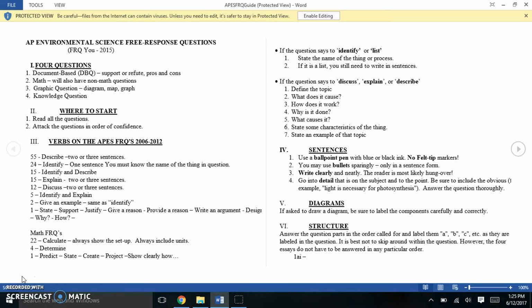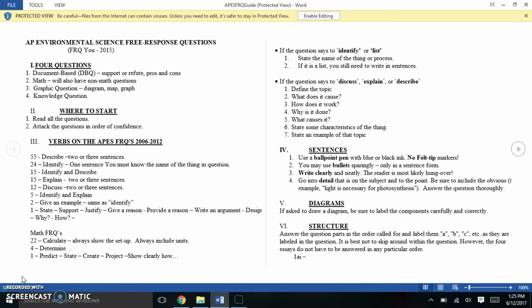The first question will be a document-based question. It will usually give you some type of article or writing where you'll have to support or refute, maybe give positive and negative aspects of it, based on that article.